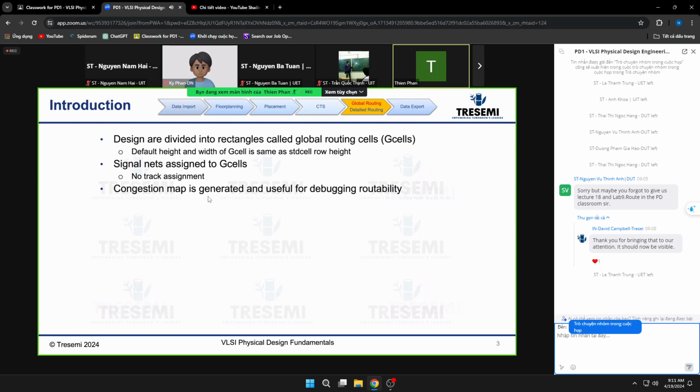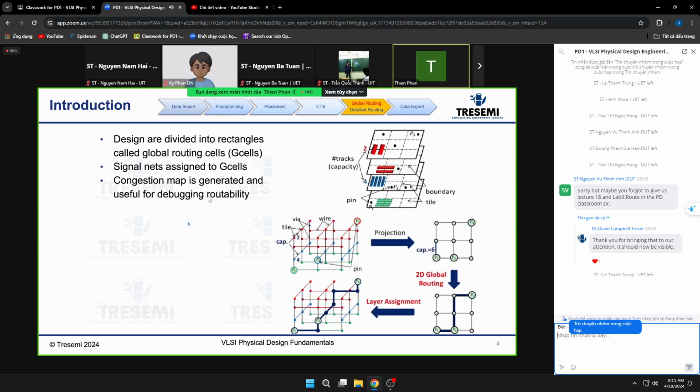Okay, so let's see. Just look at one of the examples here. As you can see here, just look at the step that we try to do here. In this case, you think of it, we have four layers, Metal 1 to Metal 4.